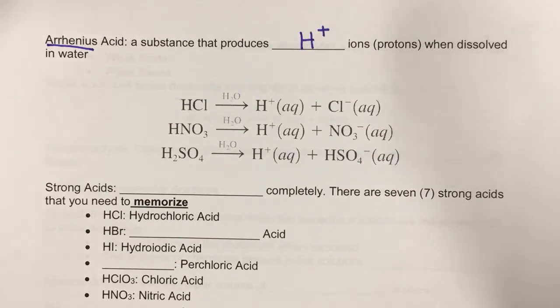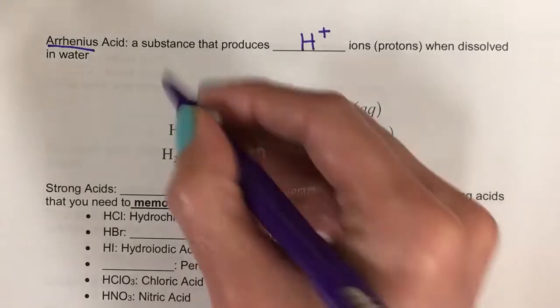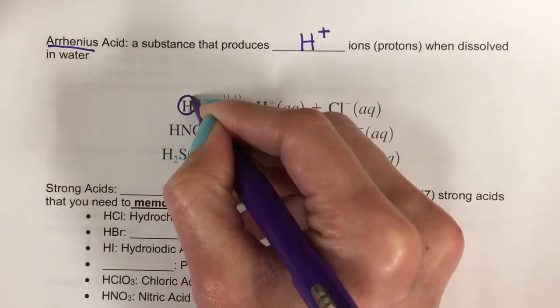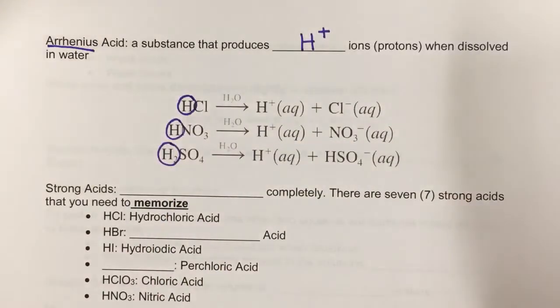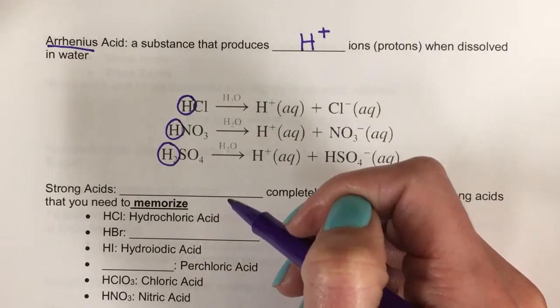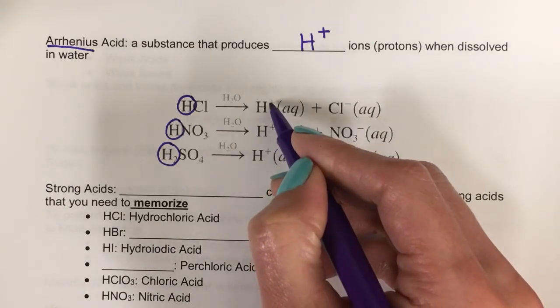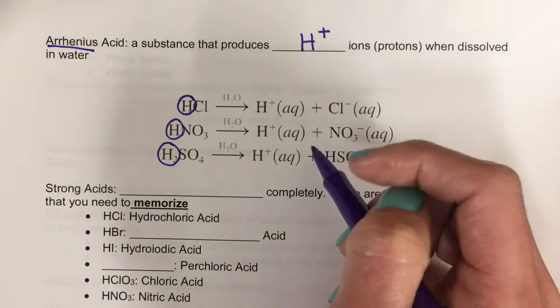Okay? So here we've got our acids. Again, we can recognize an Arrhenius acid because it always starts with an H. It's going to ionize in water. It's going to produce an H plus ion and then something else that has a negative charge.